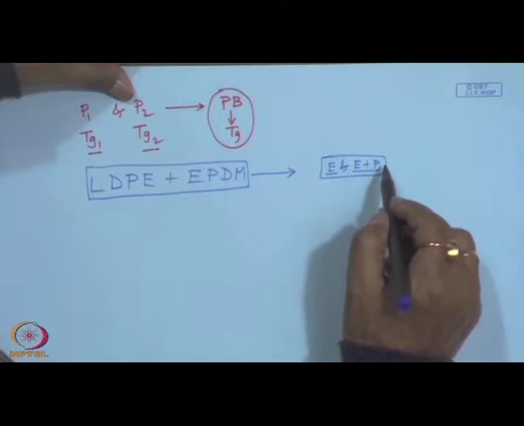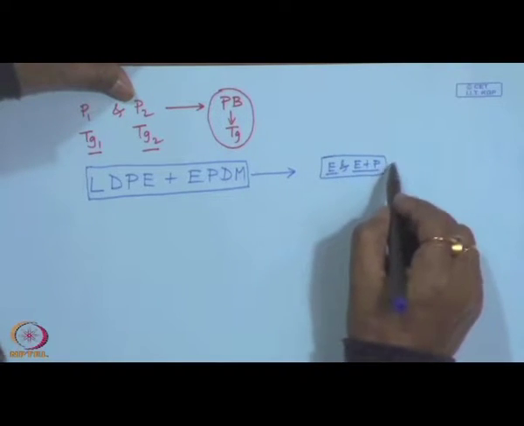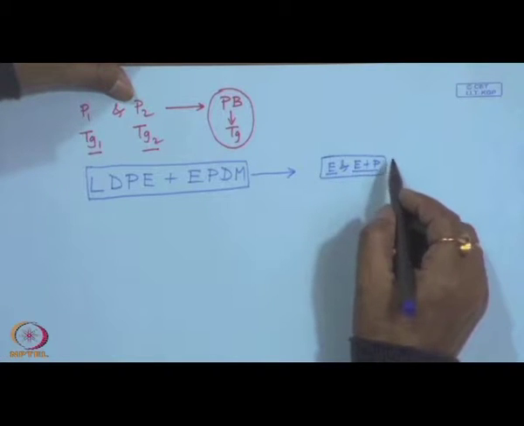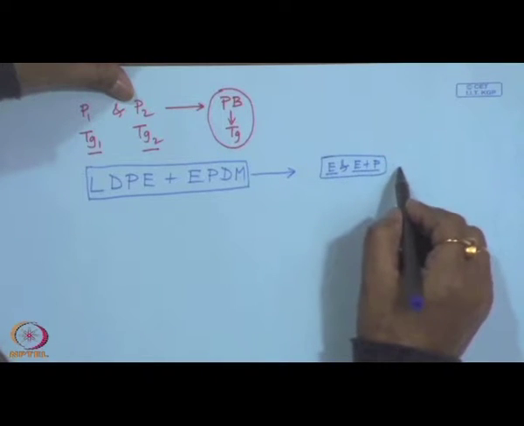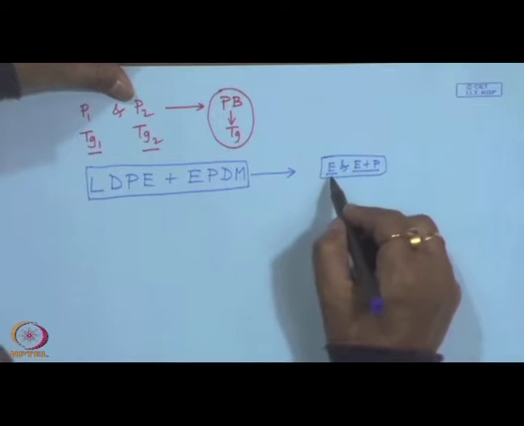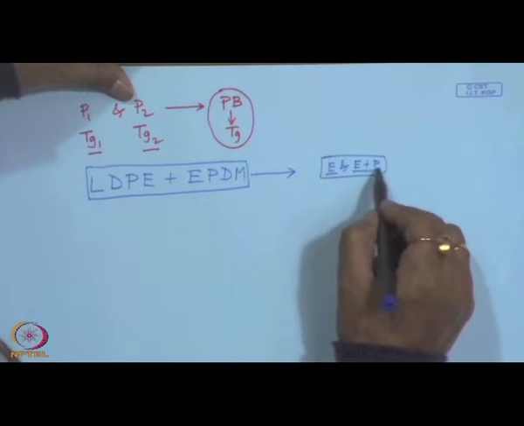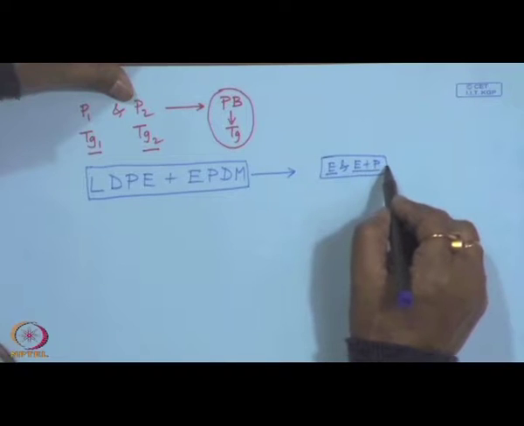In this case the synergism will be further increased if the EPDM part is partially crystalline. Polyethylene is crystalline, while ethylene propylene is amorphous, which is why it is a rubber.